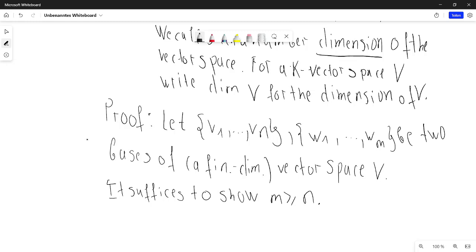We would also have automatically n bigger or equal m, because the arguments would be symmetric, because we do not specify anything special about those numbers. It's just some numbers, and this is just some basis. There is no asymmetry here, right? So it suffices to show m bigger or equal n.